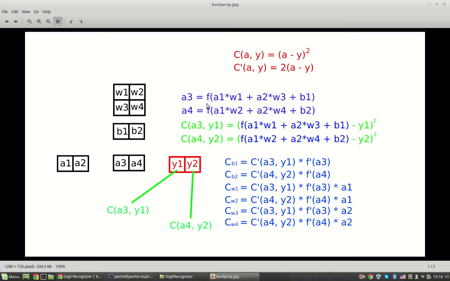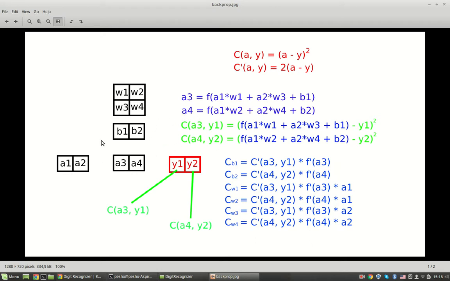So of course we have the activation function, and I'm using F instead of the sigmoid, but I mean the sigmoid because I don't have that character on my keyboard and I don't want to copy it every single time. So F is actually the sigmoid function. So A3 is sigmoid of A1 times W1 plus A2 times W3 plus the bias B1. So that's A3.